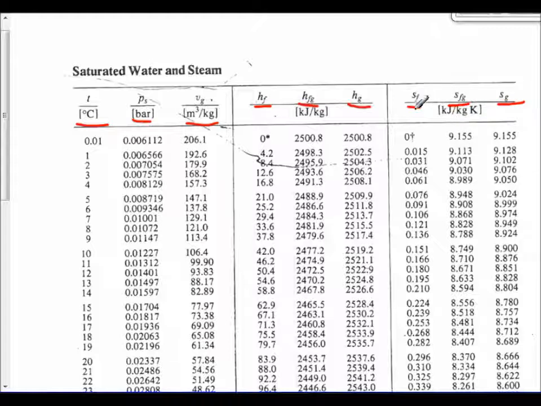SF is the entropy of saturated liquid, SFG is the entropy of vaporization, and SG is the entropy of dry saturated vapor. So if we know our temperature, then we can go to this page and read off our enthalpy and entropy values as required.